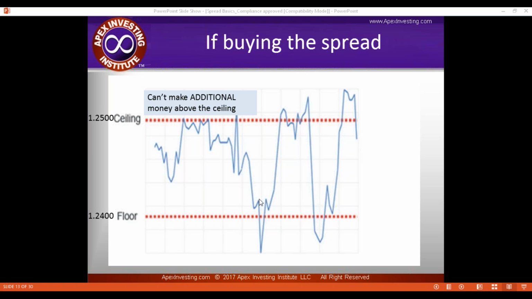I said the market was going up, and it went up. I just needed a little more time to be right, and I just needed a little more room to be right. So what happens is you buy here thinking the market's going up, but it makes this little quick move down, and you get stopped out and you lose money. And then when it comes all the way back up here, you're like, man, I could have been right and made all this money, but instead I ended up losing money.